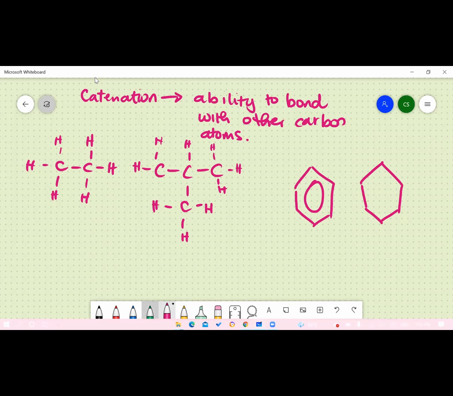Remember, each point where the lines meet represents a carbon atom. So carbon, carbon, carbon, carbon, carbon, carbon. That's 6. The difference between benzene and cyclohexane though is that there are double bonds in benzene, right? So each of these is a carbon.